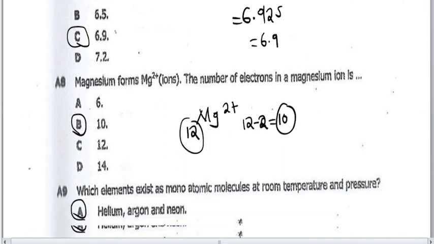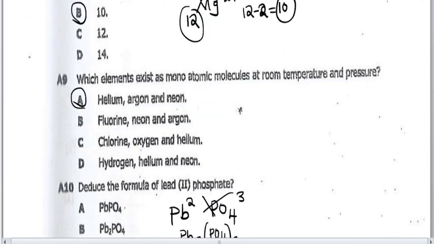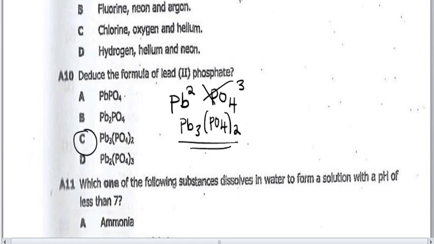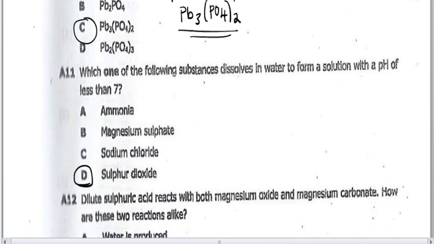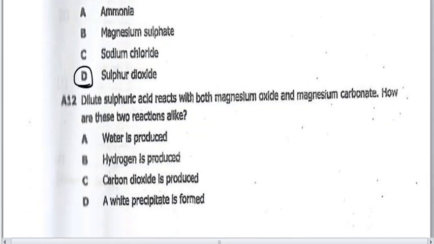So question 8 has been dealt with, question 9 has been dealt with, question 10 has been dealt with, question 11, question 12. Dilute sulfuric acid reacts with both magnesium oxide and magnesium carbonate. How are these two reactions alike?